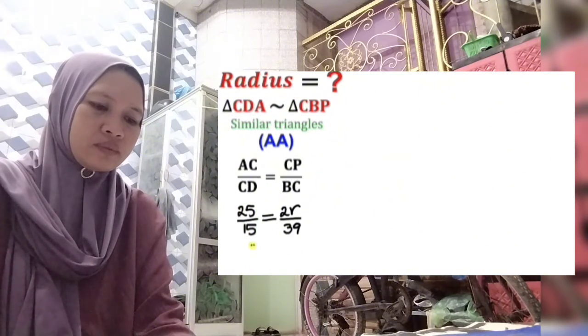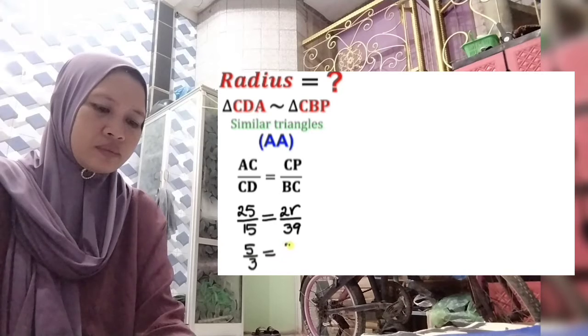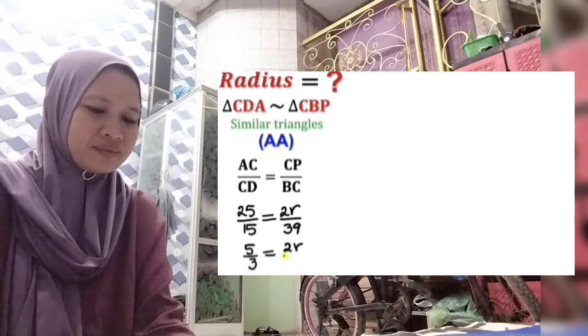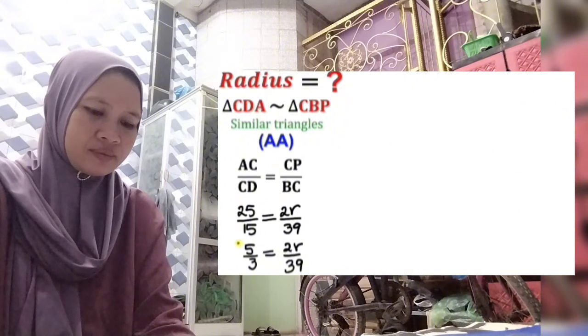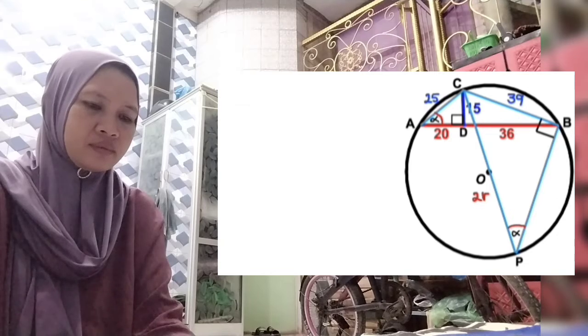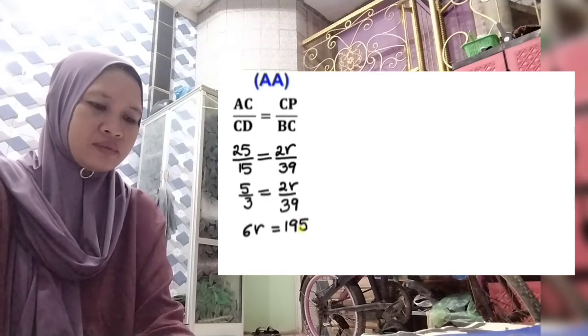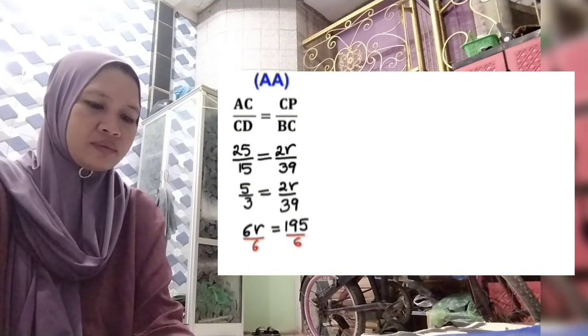So therefore I can write 5 divided by 3 is going to be equal to 2 times R divided by 39. And now I am going to cross multiply. So therefore if we cross multiply, we are going to get 6 times R is going to be equal to 195. And now I'm going to divide both sides by 6 to isolate radius R.